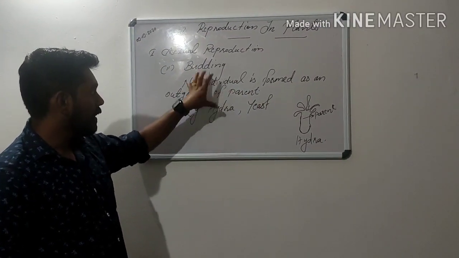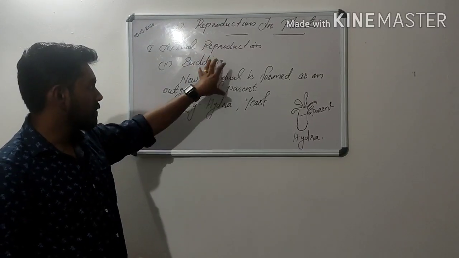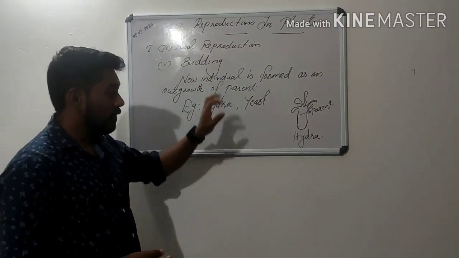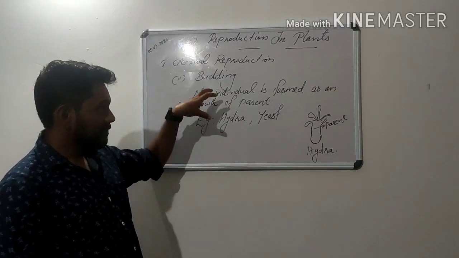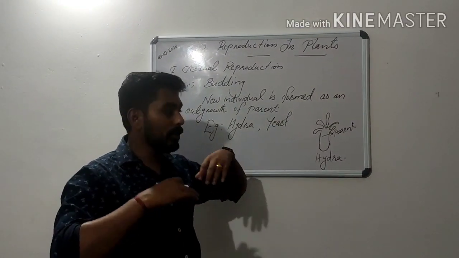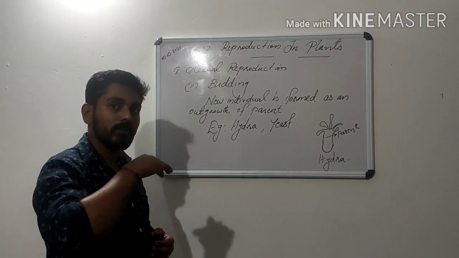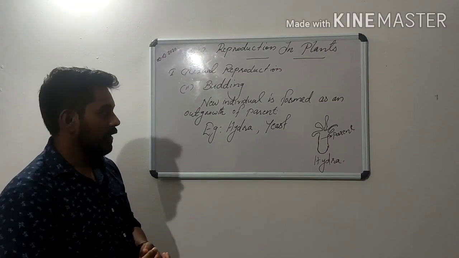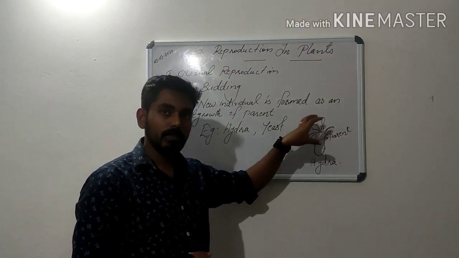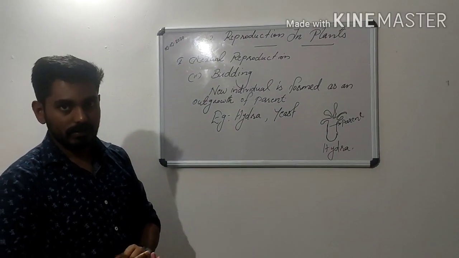It is a type of budding. Nothing happens to the parent, only a new outgrowth is formed into a new individual, and it is separated from the parent, and the parent continues to exist.